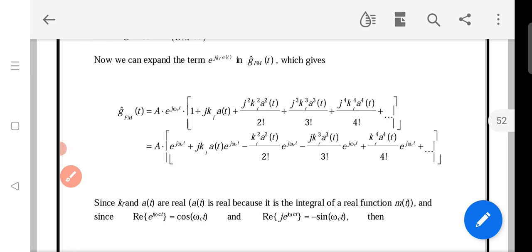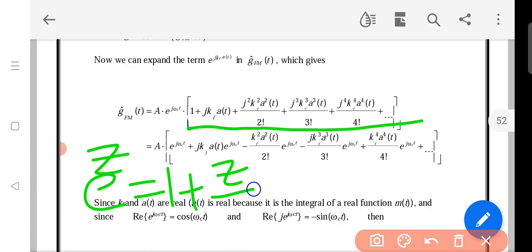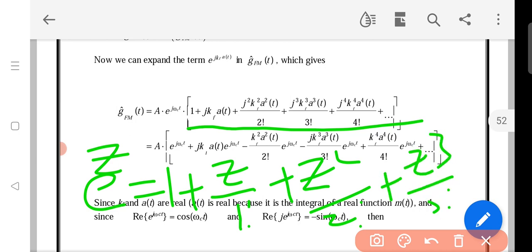So A into e power j omega ct, then e power j kf a of t expands like here, because we have a relation. What is that relation? e power z equal to 1 plus z by 1 factorial plus z square by 2 factorial plus z cube by 3 factorial and so on.